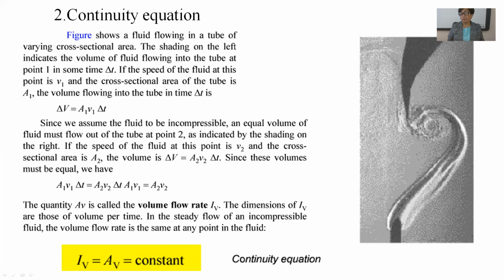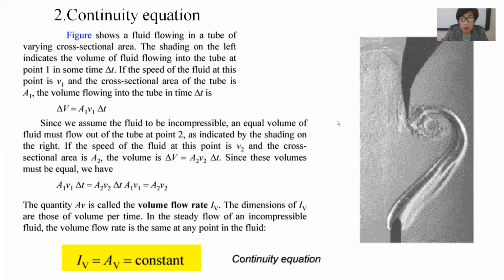If the speed of the fluid at point 2 is V2, with cross-section A2, the volume delta V equals the second area multiplied by the second velocity, multiplied by delta t. And we have the first volume equal to the second volume. The quantity A times v is called the volume flow rate.